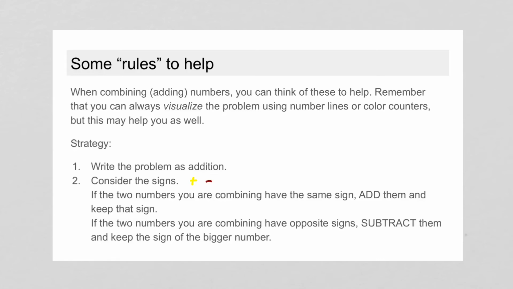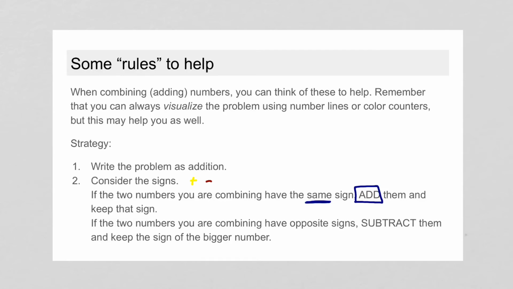If the two numbers you're combining have the same sign, then you will add them and keep that sign. Or think of just, you're always going to keep the sign of the bigger one, but if they're the same, it doesn't matter.